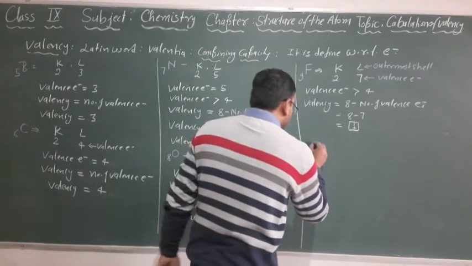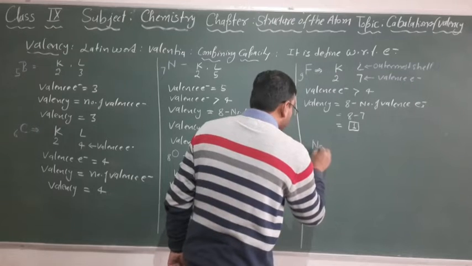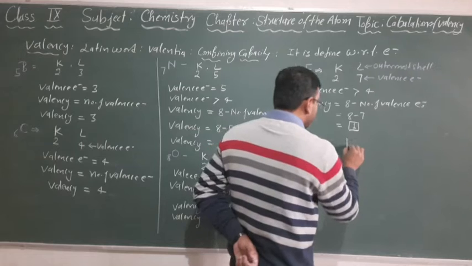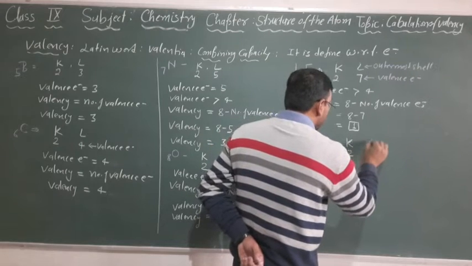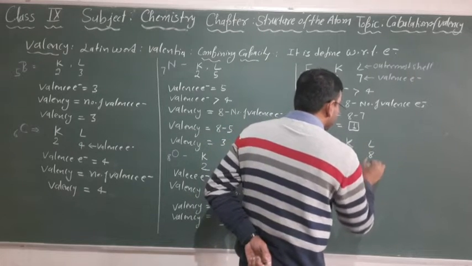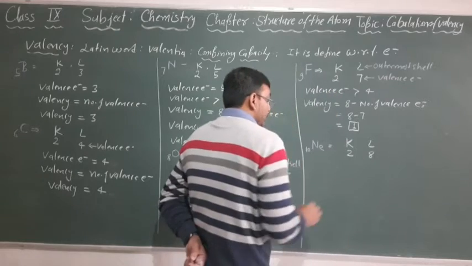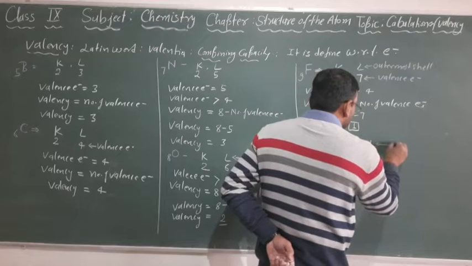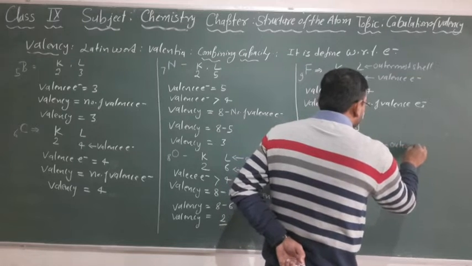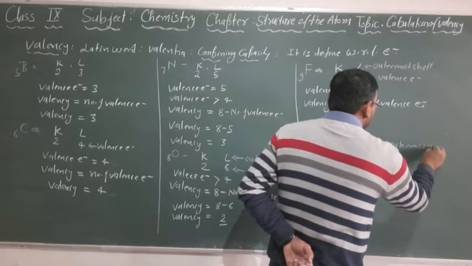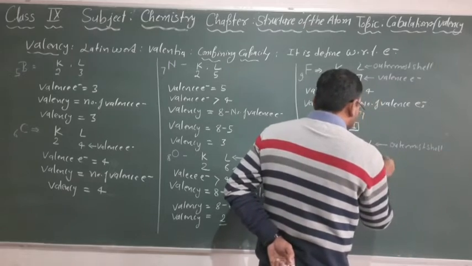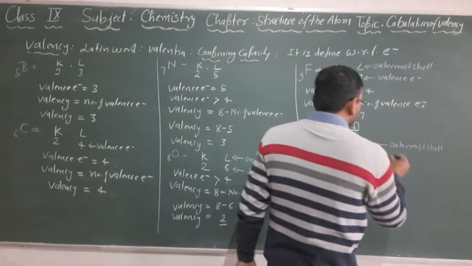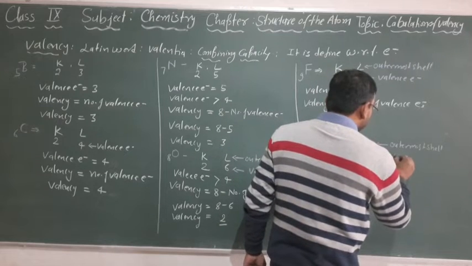Next, after fluorine, is neon. It is 10. So electronic configuration K 2 and L 8. So from here this is the outermost cell, and this outermost cell has 8 electrons. So these are the valence electrons.